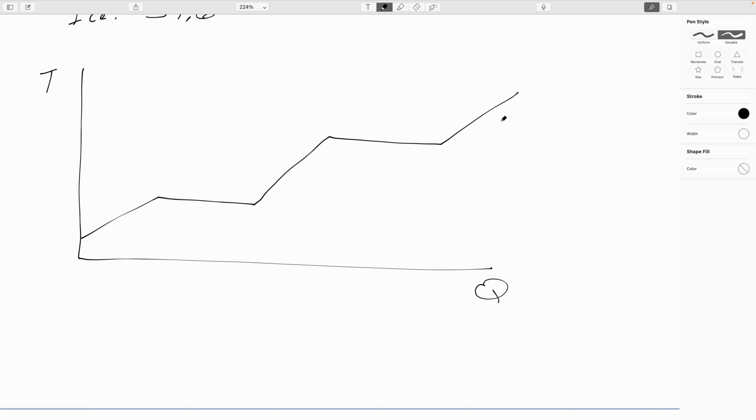And these aren't supposed to have the same slope, but these are supposed to be flat. So here's something in the solid phase, then here's where it's melting. Then here's where we are in the liquid phase. Here's where we're boiling. And then finally here we are in the gas phase.